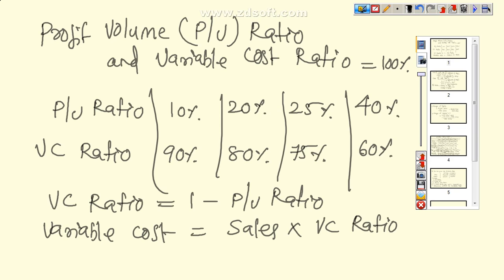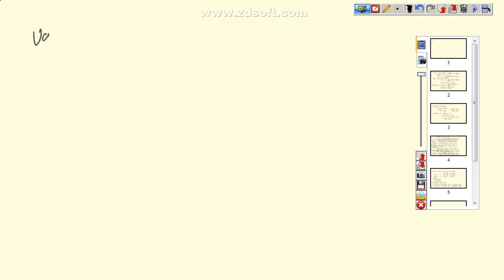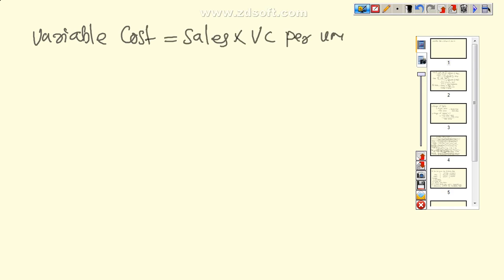Now another formula in order to calculate variable cost. Variable cost is equal to sales multiplied by variable cost per unit upon price or selling price.